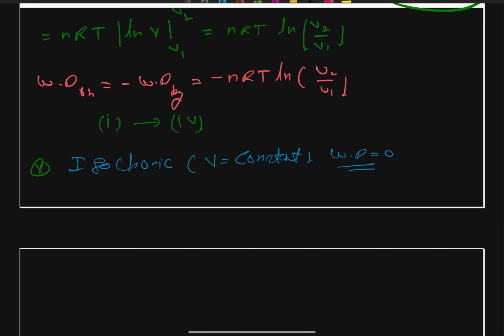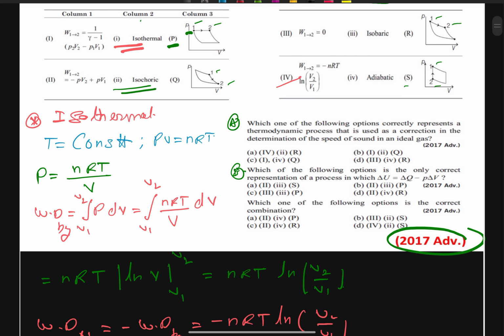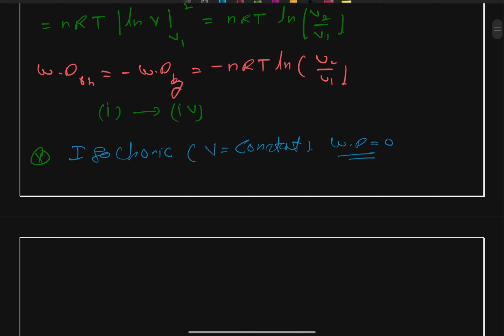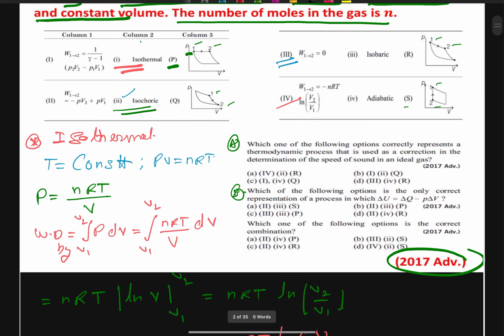Okay. So for volume is constant, we can say that our work done will be equal to 0, and we get the second matches with our third. Next process is our isobaric.